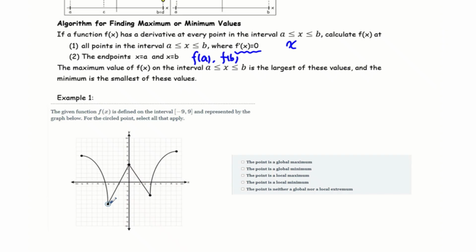At some points that are not differentiable, you may still have a maximum or minimum. That will be discussed in the future, but in this lesson we deal with differentiable functions, find f prime of x equals 0, then find the maximum and minimum.